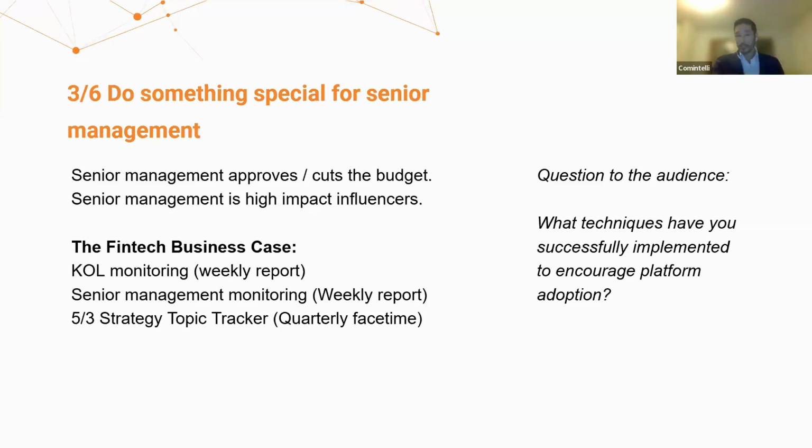And then based on that, we actually created what they call a 5-3 strategic topic tracker, which is FaceTime every quarter with the management group, where we monitor the 5 most important topics for their 3-year strategy plan. And we present the data, our key findings within those topics about how to drive the strategic growth 3 years ahead.